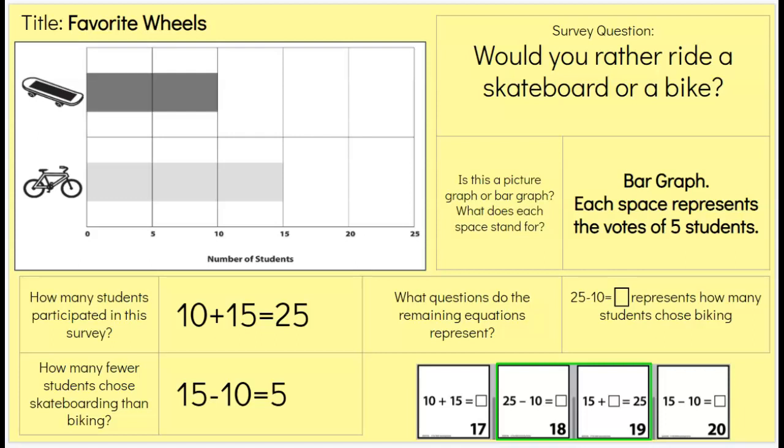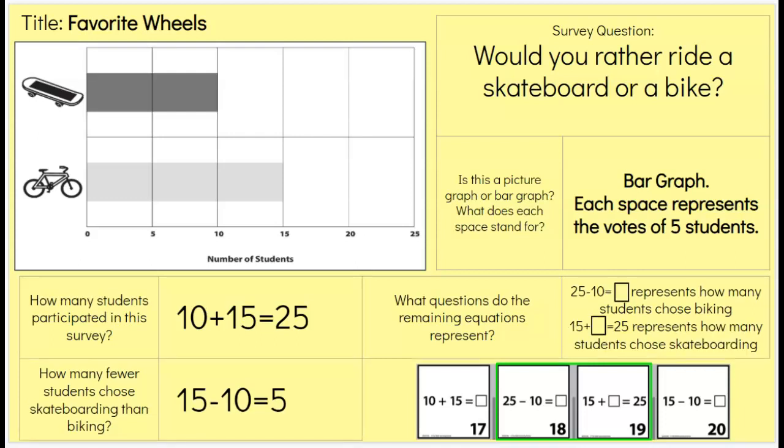Now I want you to think, what does our last equation of 15 plus something equals 25 represent? If you were thinking 15 plus something equals 25 represents how many students chose skateboarding, show a connection.